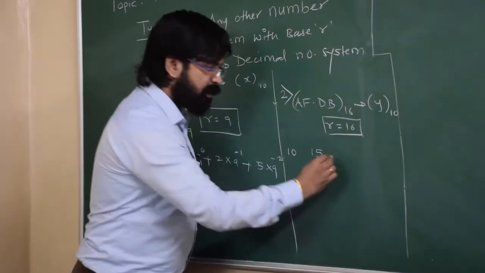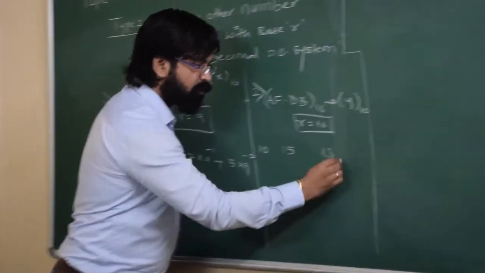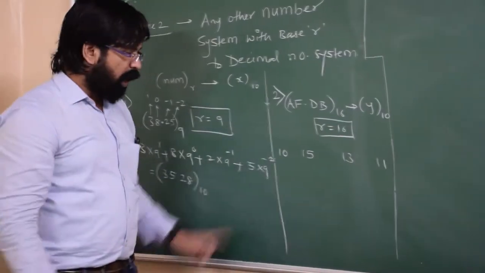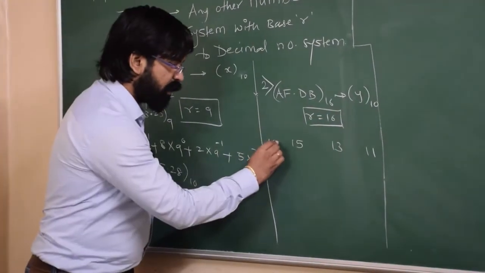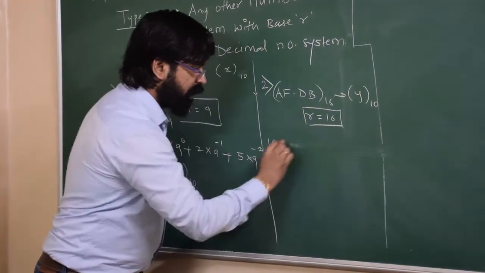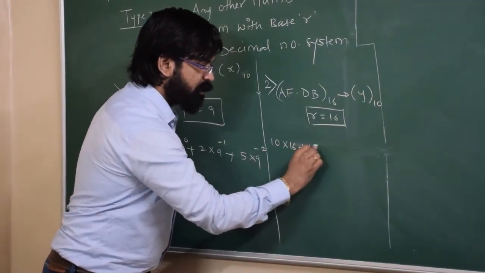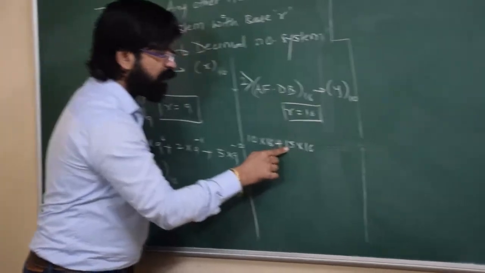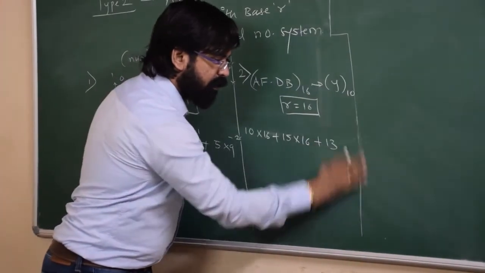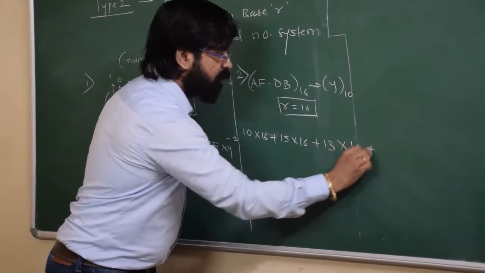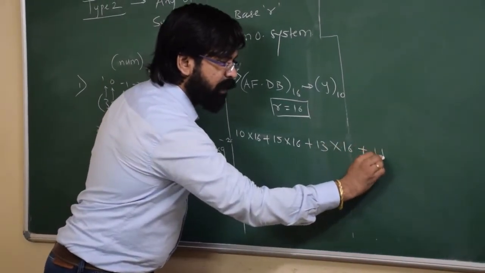D comes after C, means that it is 13, and B is what? 11. So I have to multiply every digit with what value? Of course 16. So it is actually like this: 10 into 16 plus 15 into 16. 15 was representing F. What D was representing? It is 13. So it is 13 into 16 plus 11 into 16.